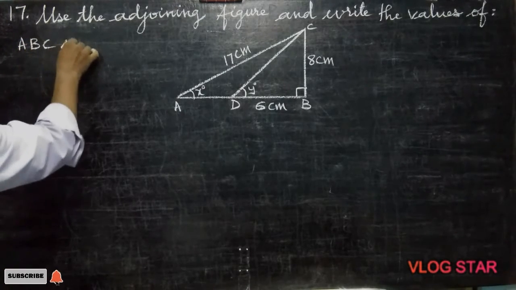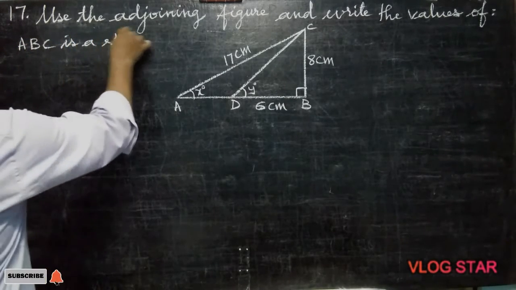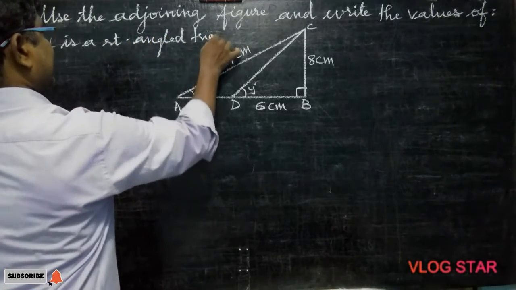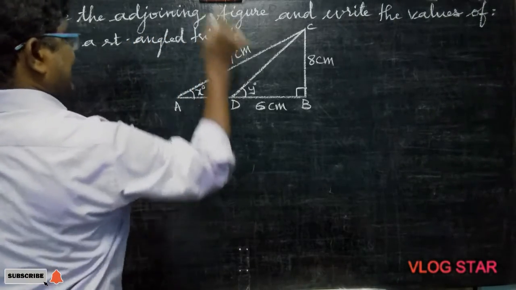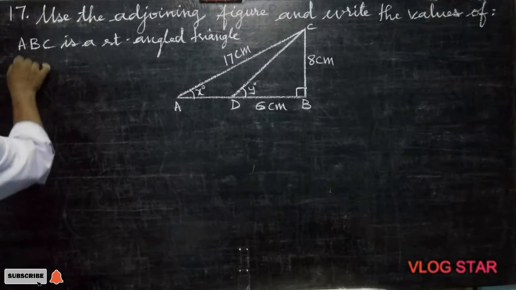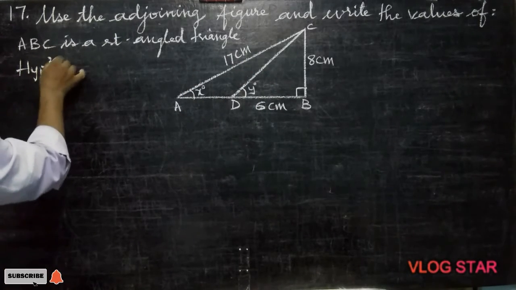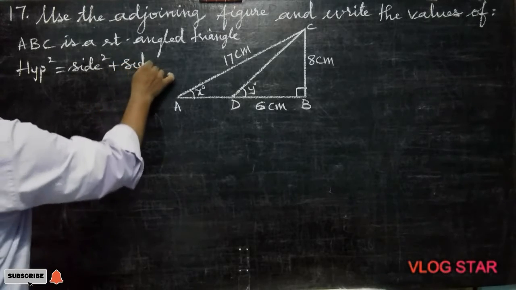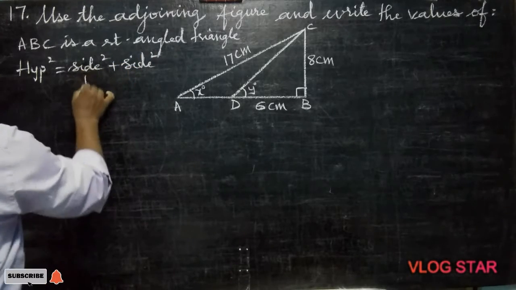ABC is a right angled triangle, right angle at B. So hypotenuse square is equal to side square plus side square, Pythagoras theorem.